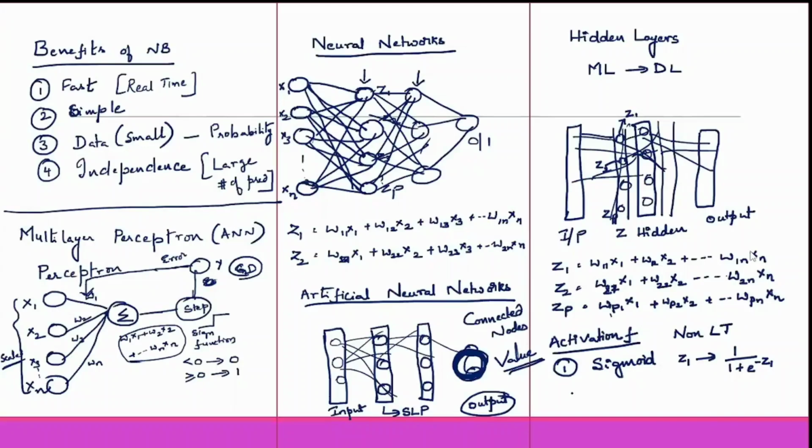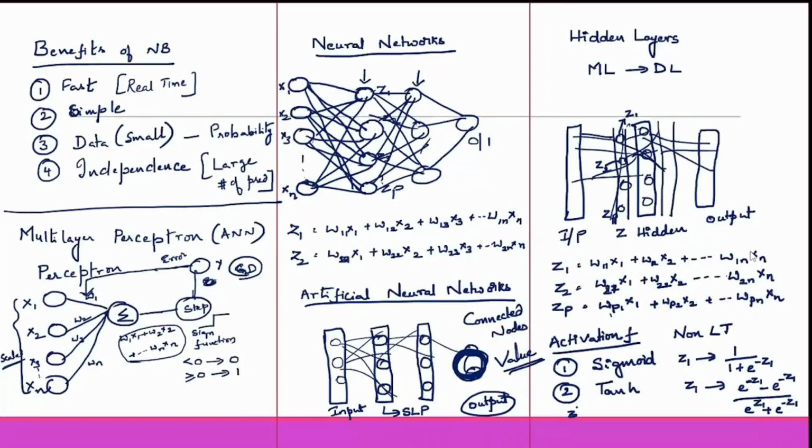Or if I have something called a hyperbolic tangent activation, Z1 will be transformed to e power Z1 minus e power minus Z1, divided by e power Z1 plus e to the power minus Z1. Some such transformation is what we call a hyperbolic tangent transformation.